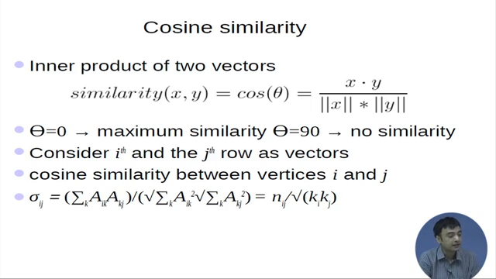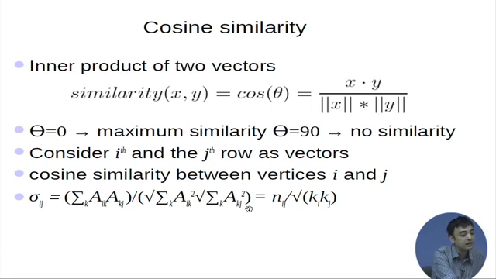Now, this in terms of the entries of the adjacency matrix will result in the formula that I write in the last pointer of the slide, sigma ij. So sigma ij has the numerator sum over k of A_ik A_kj, which is nothing but Nij, as we have seen last time, the number of common neighbors between the nodes i and j. This is also measured by this dot product here. The normalization is the square root of the sum over all k of A_ik squared, multiplied by the square root of the sum over all k of A_kj squared.